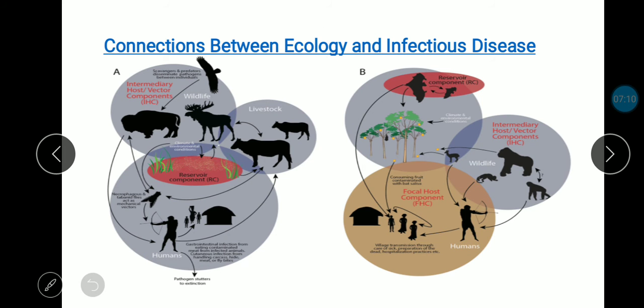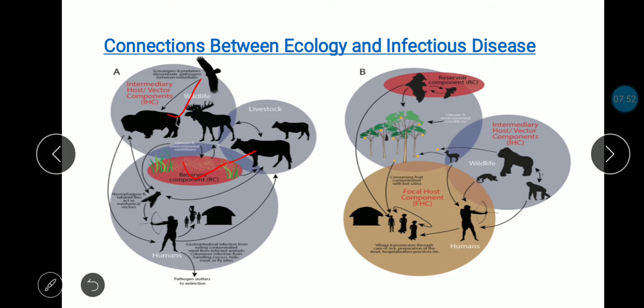And these three major types of reservoirs have interconnection, which can be easily understood by this diagram. In this diagram, you can observe the land ecosystem in which the pathogens are present, and another type is wild animals, birds, etc. Wild animals are present in forests, but they carry the infective agents, or vector components.